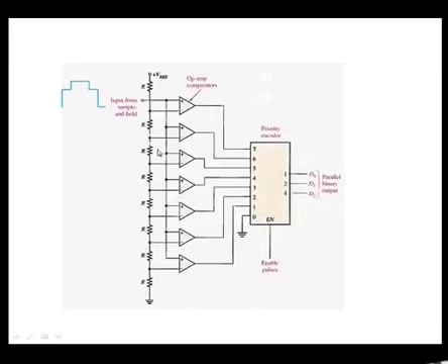Of course, after this 5, all comparators have a high output, including 5, and before this too. So we have to use a priority encoder so that only the highest order input having a high level would be encoded.